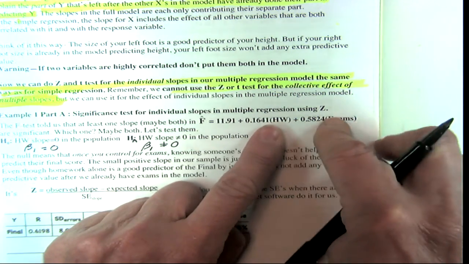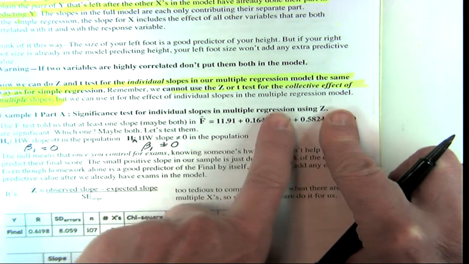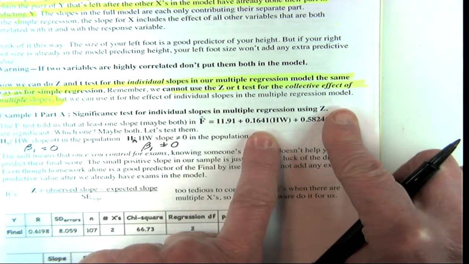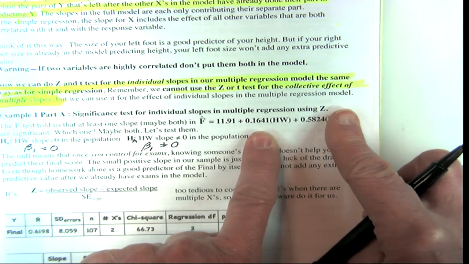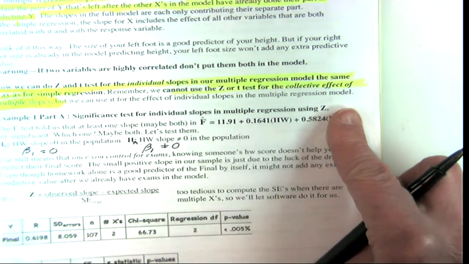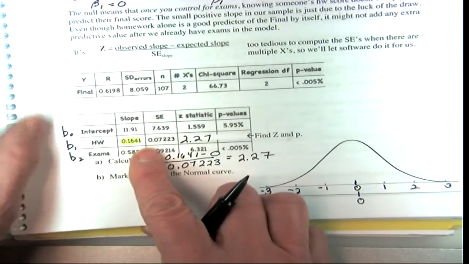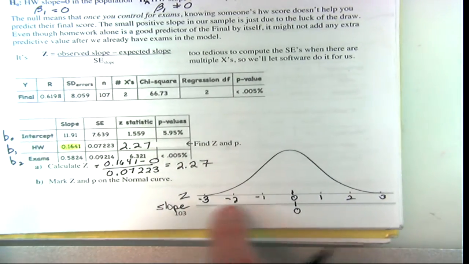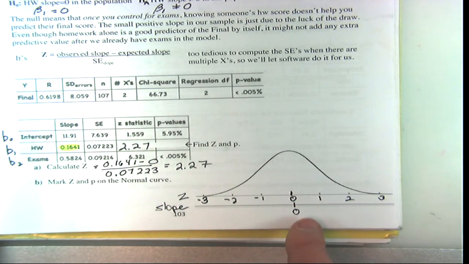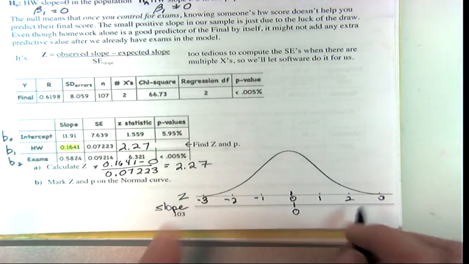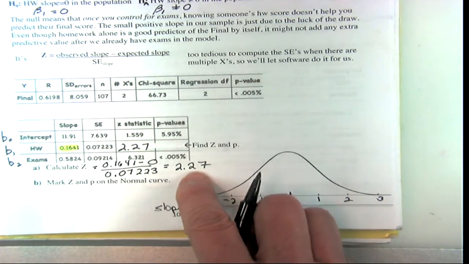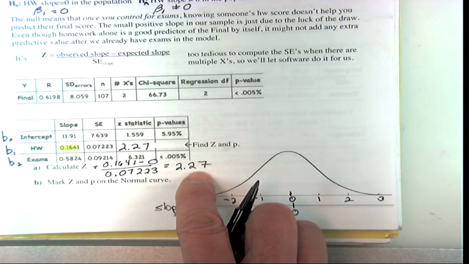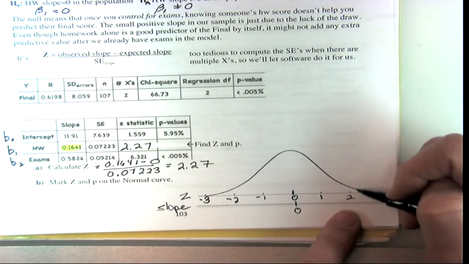So if you take two people who have the same exam scores, each extra homework point average will raise it by that much. That might be small and just due to random variation. But here we see what the random variation is. It's only this much. So we just want to see where that lines up on here, and that's what this tells us. It tells us how many standard errors it is, and it's 2.27. So now we know where to place that.